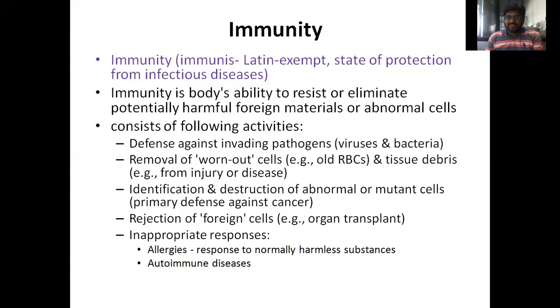It consists of the following activities: defense against invading pathogens, that is bacteria and viruses; removal of worn out cells, like old RBCs, because they have a 120 day lifespan, tissues, and debris from injury or disease; identification and destruction of abnormal or mutant cells that don't have a role in the cell system; rejection of foreign cells, like organ transplants; and inappropriate responses like allergies and autoimmune disease effects. So these are the activities consistent with immunity.